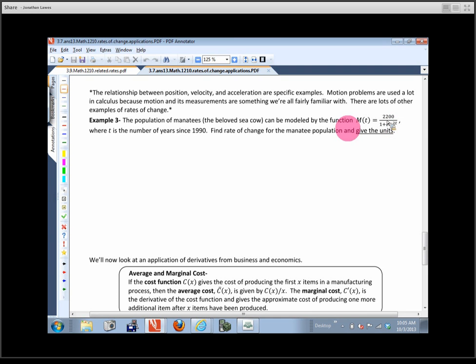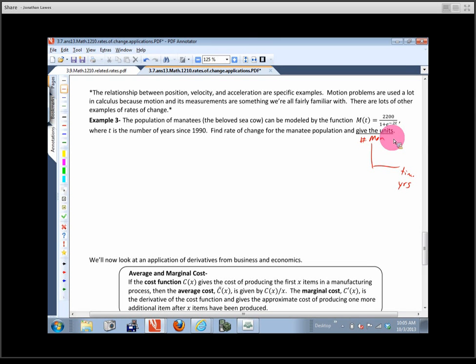So essentially on something like this, if we have a function that represents that population, if we find the derivative of that function, that's going to give us the rate of change. And think about it, if we were to graph this, this is going to be the time in years here, and this is going to be the manatee population, so the number of manatees.